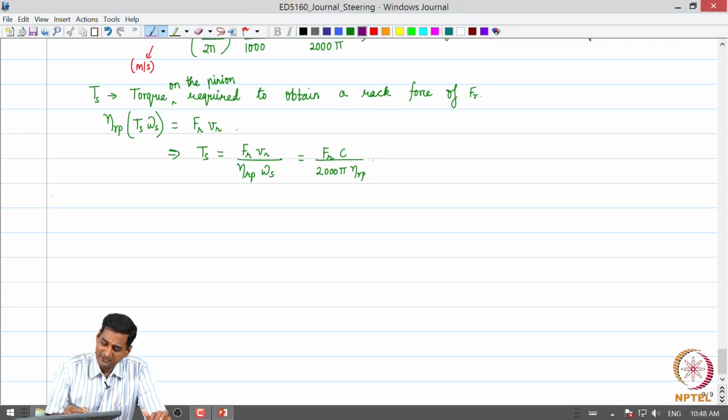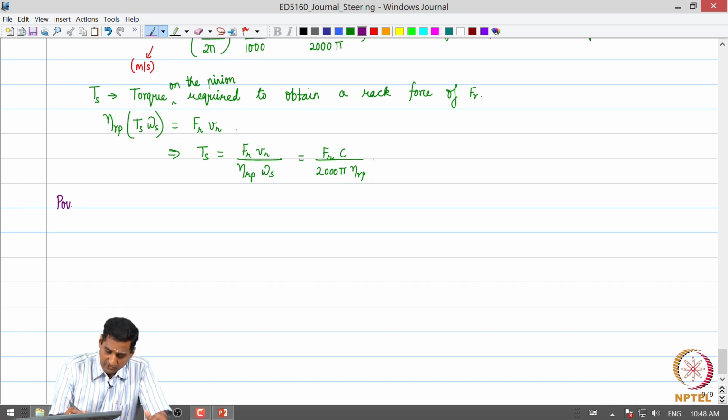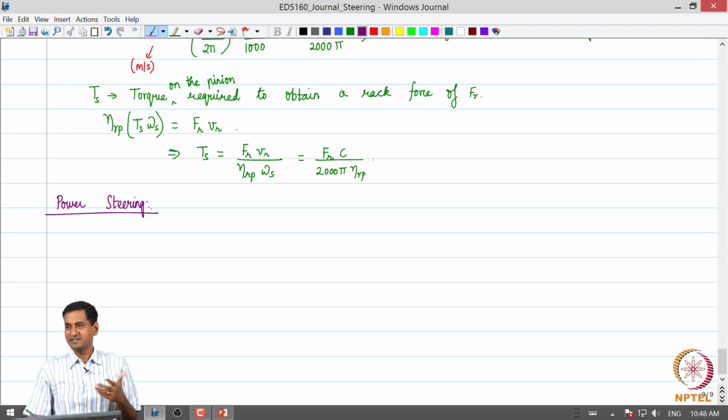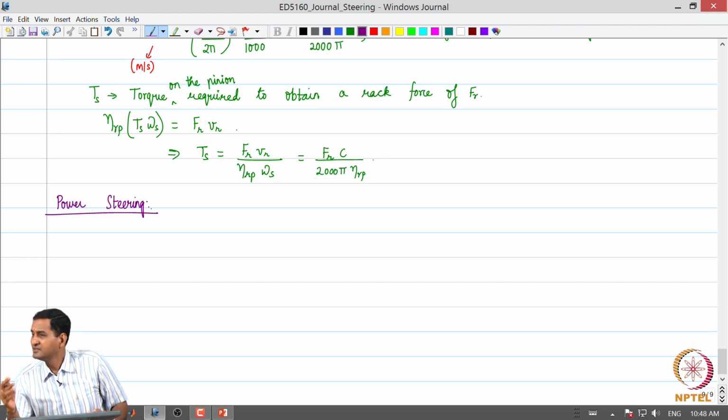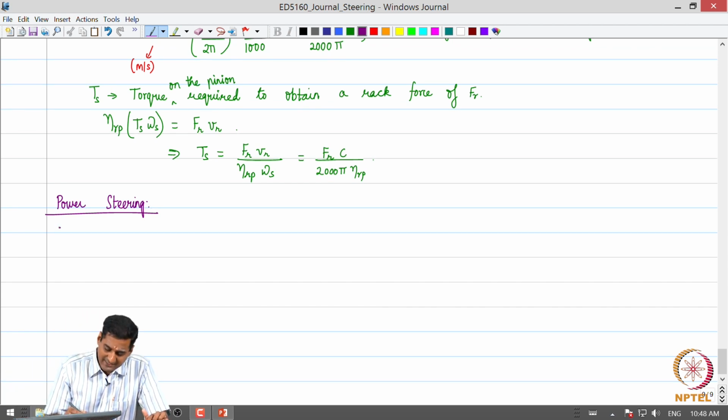Today if you look at modern road vehicles, almost all the steering systems are power assisted systems. The common term which is used to represent this is power steering, though to be more accurate, it is power assist steering. So, why have we shifted to this?